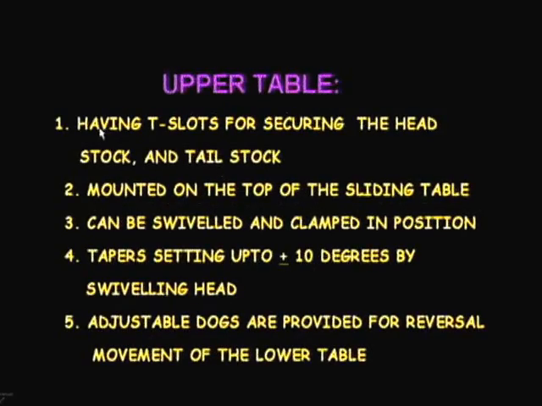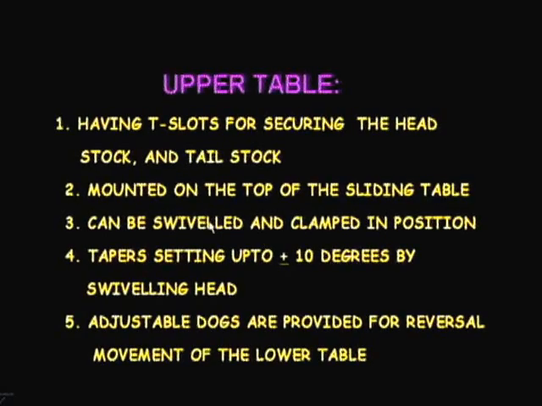Next one is upper table. When you go for the upper table, it has T-slots for securing the headstock and tailstock. I told you that it should hold the work head as well as the tailstock. So, for that these T-slots are there to secure the headstock and the tailstock, mounted on the top of the sliding table. So, on the sliding table, that is the lower table, it will be there, and it can be swiveled and clamped in position.